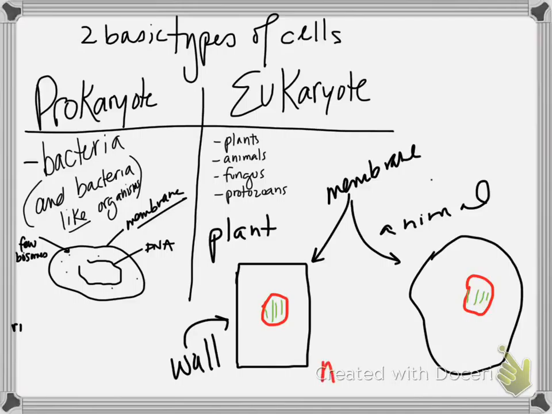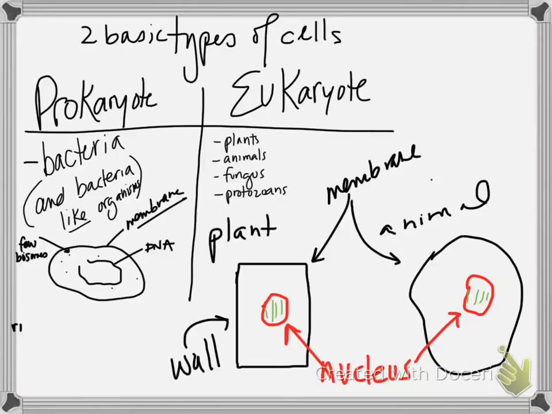So eukaryotic cells have a nucleus. And that's one of the big ways to tell them apart from a bacterial cell. Bacteria have no cell nucleus. They don't really have much in the way of organelles. But eukaryotes have a nucleus. That's where they store their DNA.